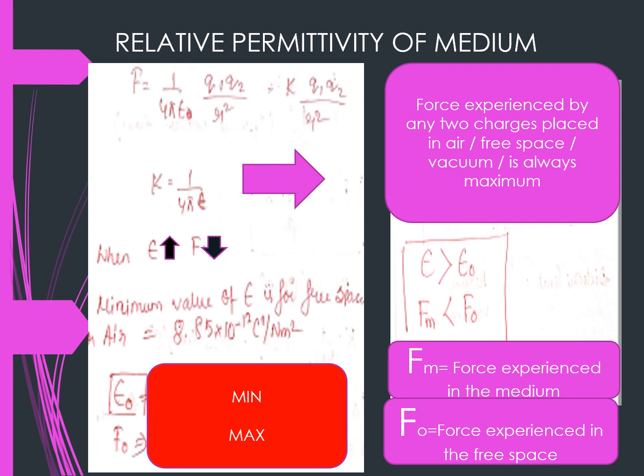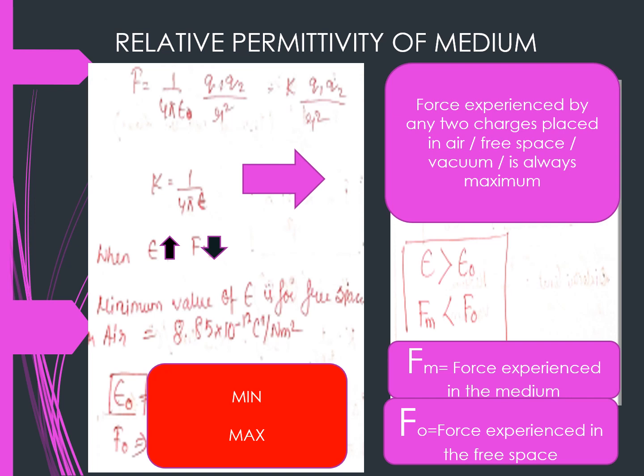Now, according to Coulomb's law, F is equal to 1 divided by 4 pi epsilon 0 times Q1 into Q2 divided by R square. So the value of K, the constant, is equal to 1 divided by 4 pi epsilon 0. By the equation, we can understand that force and epsilon 0 or epsilon are inversely proportional.